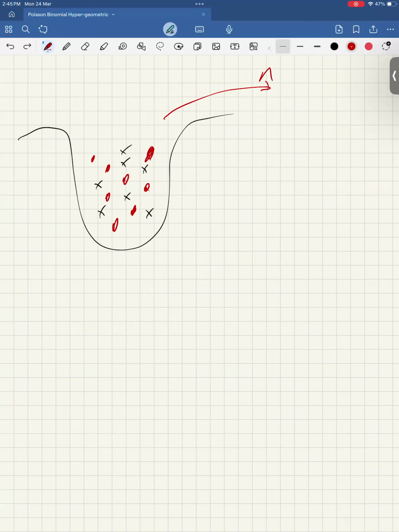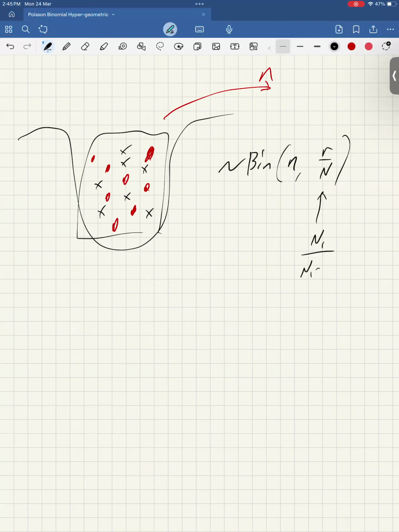And in this case, the probability distribution of the number of good apples would just be a binomial distribution with n, and with probability of success given by the proportion of good apples, say r over N, or n1 over n1 plus n2 if you were to parameterize it differently.